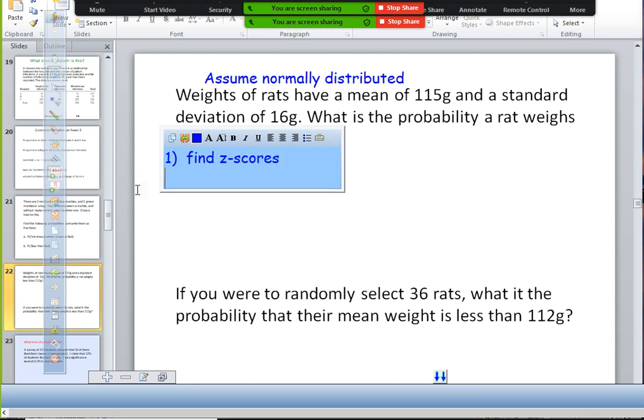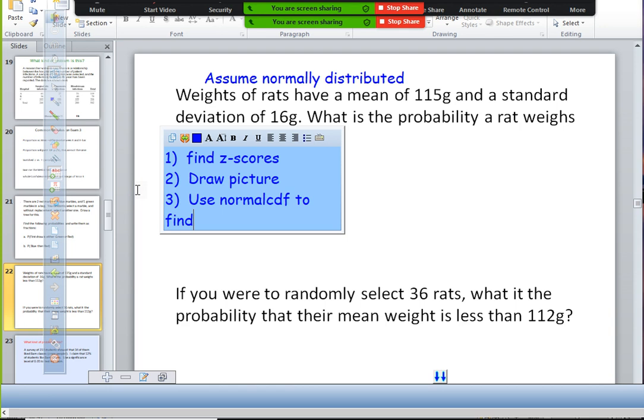Step 2, I draw a picture. And then step 3, I use normal CDF to find the area, which is the same thing as probability.